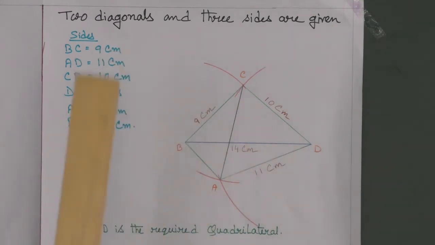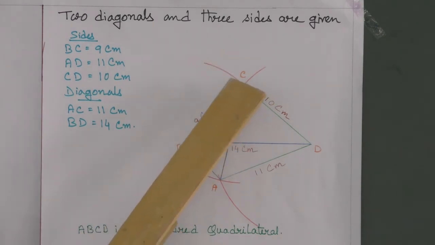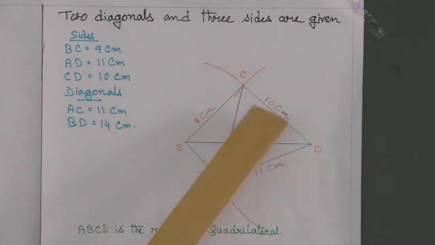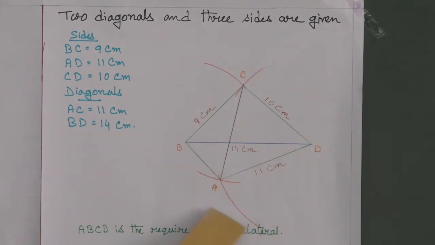To find the 4th point, again we can see the 4th point A is located opposite side of C with reference to the diagonal BD. So the point A is 11 centimeter far from the point D.